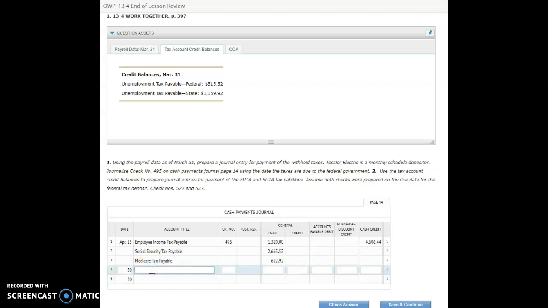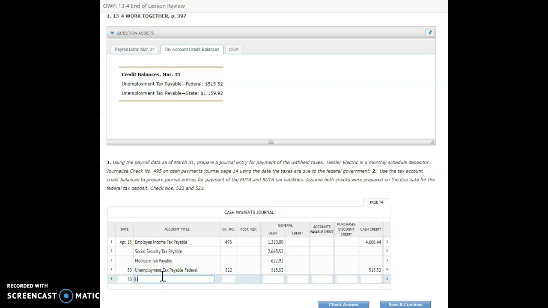Okay, the first one is our unemployment tax payable federal. Check number 522. Okay, and these amounts are already here for us. Again, in the application, you're going to have to calculate these. But for us right now, they're already there. So 515.52. And then that's also how much we're paying in cash.